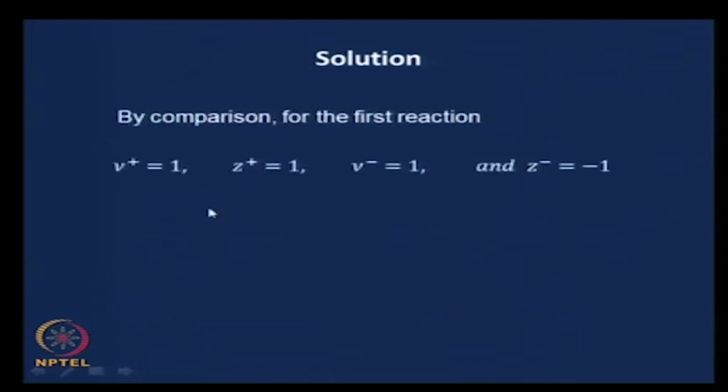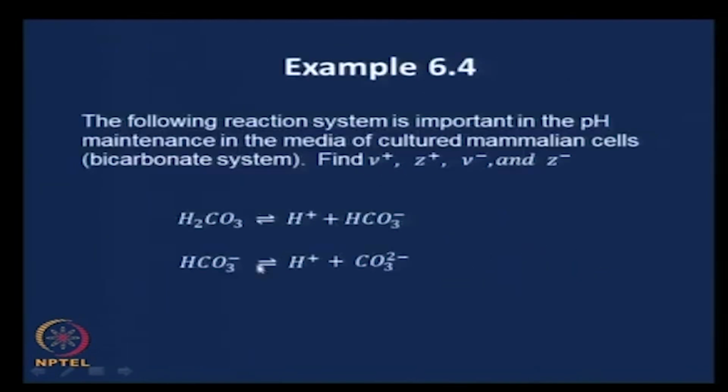Just by comparison, you can see that nu plus is 1, Z plus is 1, nu minus is 1 and Z minus is minus 1. If you are wondering where this came from, for the first reaction, nu plus is the stoichiometric coefficient of the positively charged species, so that is 1 here, therefore nu plus is 1.